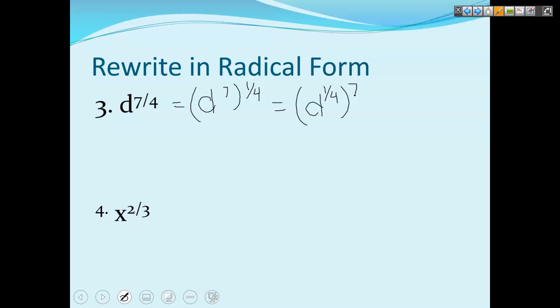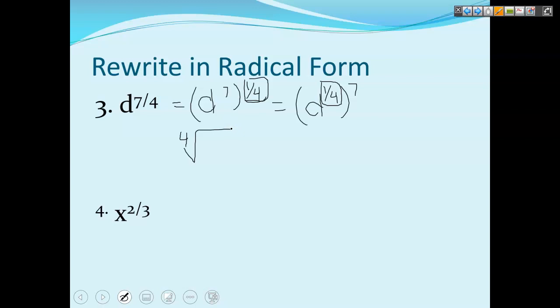But we want to get this in radical form. So because the 1/4 is representative of the radical, so a radical has a power of 1 in its numerator, this is going to be a 4th root. And we can write the 4th root one of two ways.